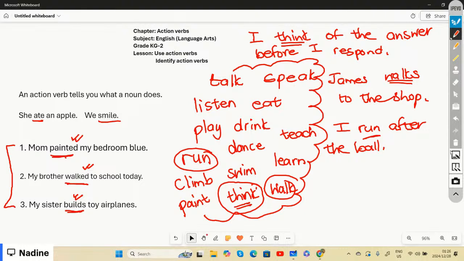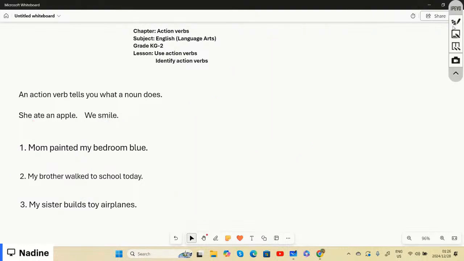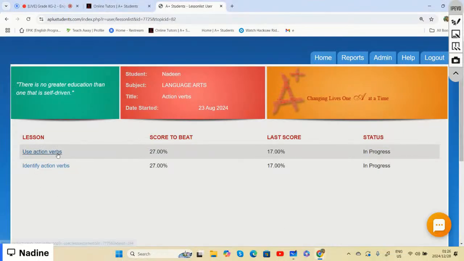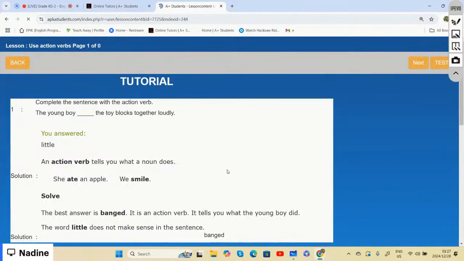All right, so now we're going to aplusstudents.ca and we're going to use action verbs and also identify action verbs within the sentences. And once again, an action verb tells you what a noun does.